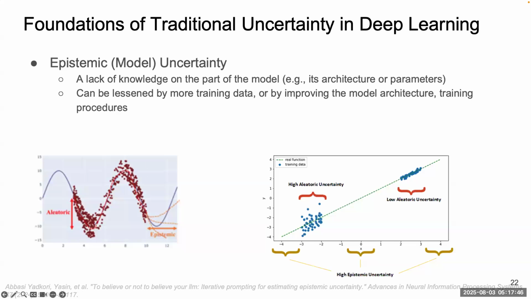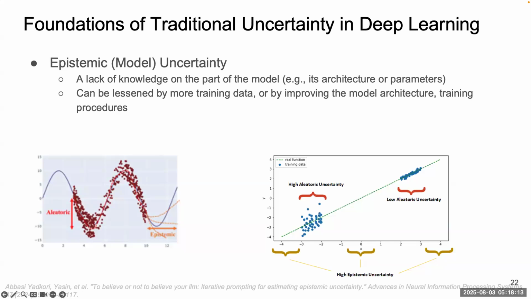So think about this area: the model has never seen this data before, so it will have high model uncertainty, or epistemic uncertainty. If you collect more data in this part, then your model's epistemic uncertainty will reduce. This example down on the right shows the difference between aleatoric and epistemic uncertainty.